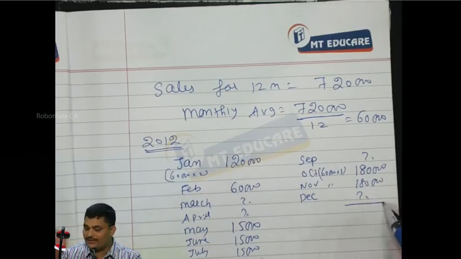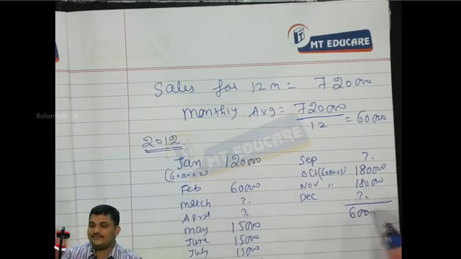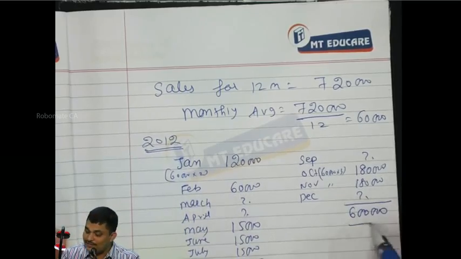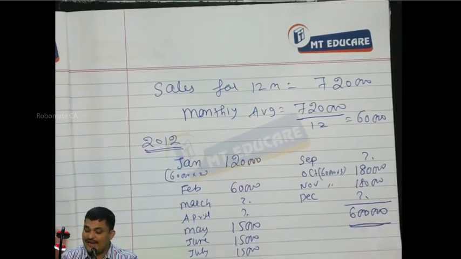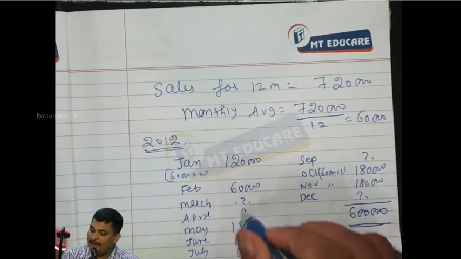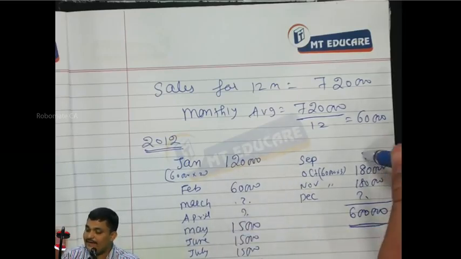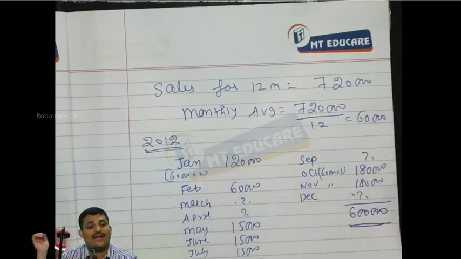Now can you take the total of this? It is 6 lakhs. Everybody, please respond. Which means we understand sales of March, April, September and December together is 1,20,000.